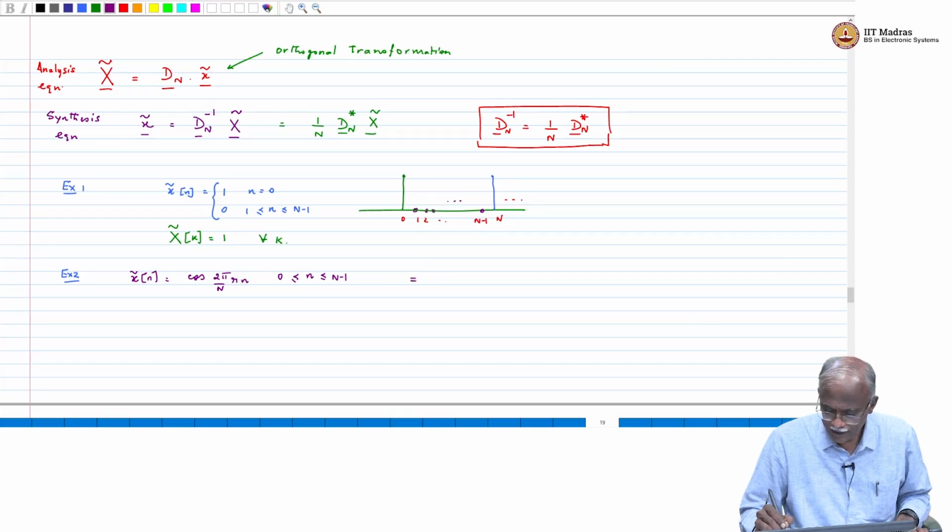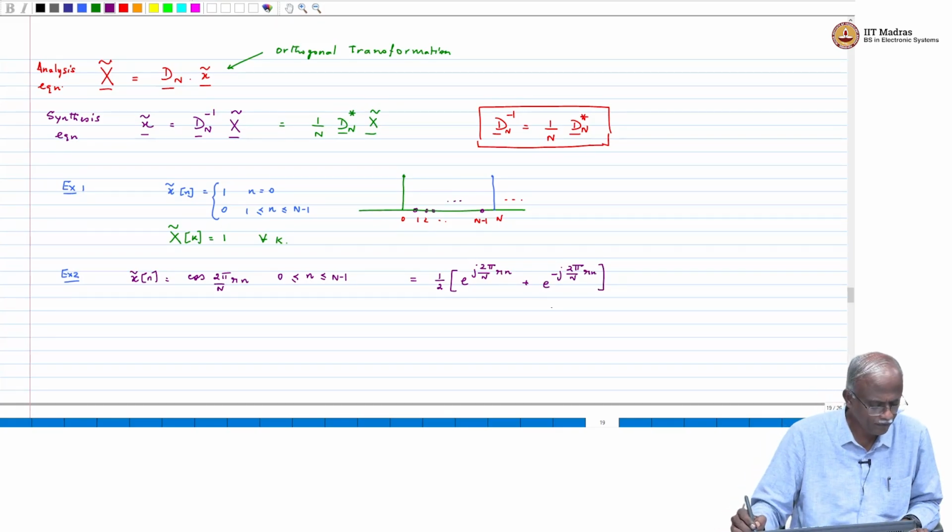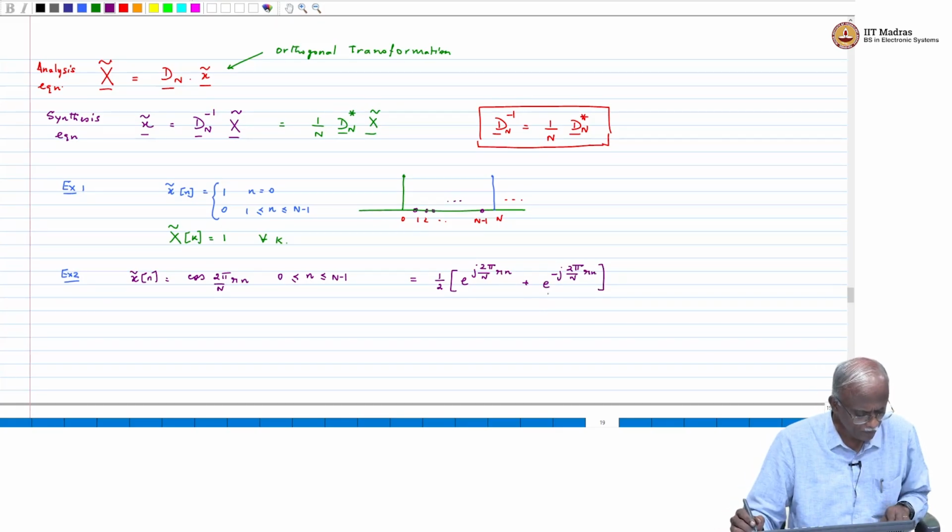So we can write this expression as 1/2 of e power j 2 pi by N r n plus e power minus j 2 pi by N r n. So basically the Euler formula we have written down.